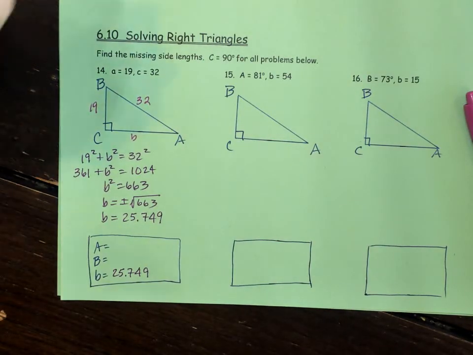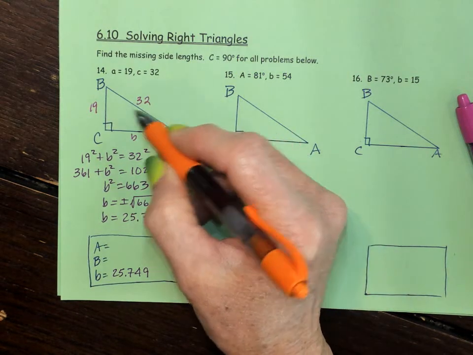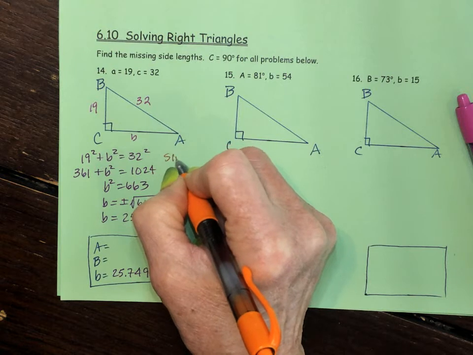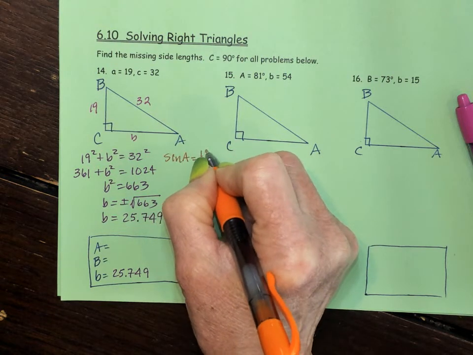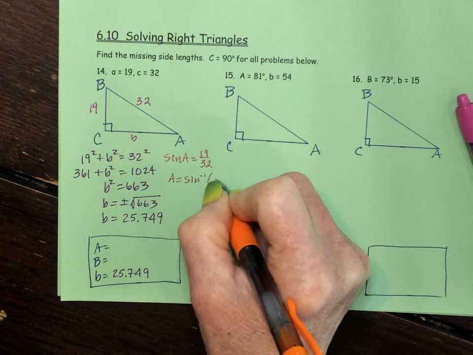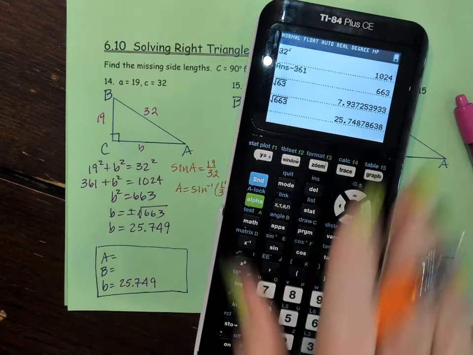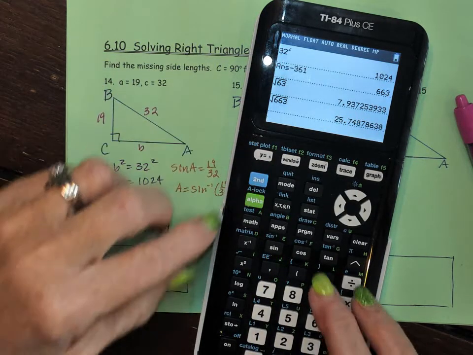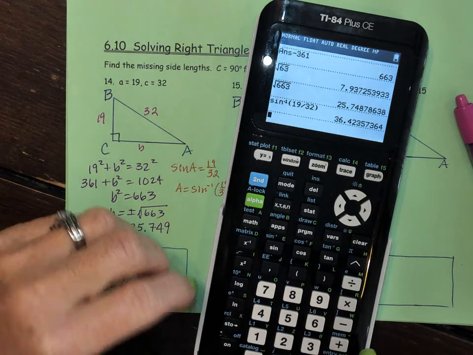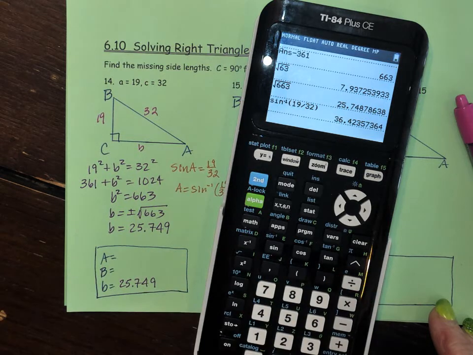Okay, let's find angle A. I'm going to use opposite and hypotenuse. That's a sine. 19 over 32 gives 36.424.